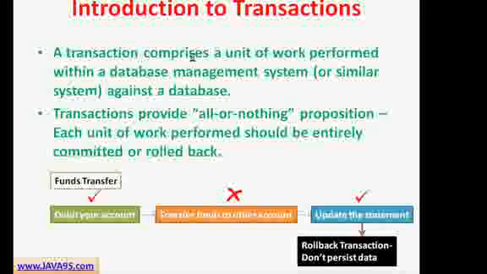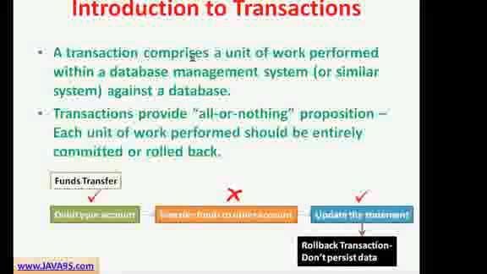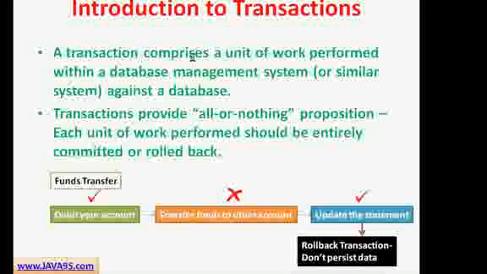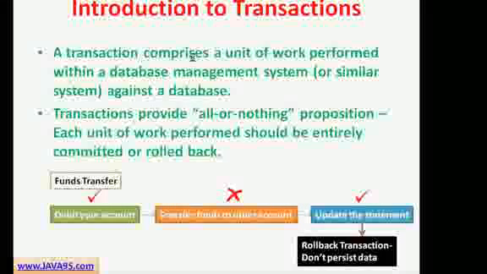The unit of work has not happened successfully. So the transaction is all about the all or nothing concept. All the steps have to get executed successfully, or nothing should be persisted if any one of the steps fails.